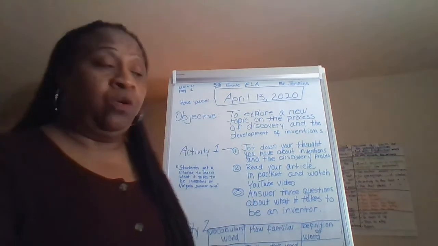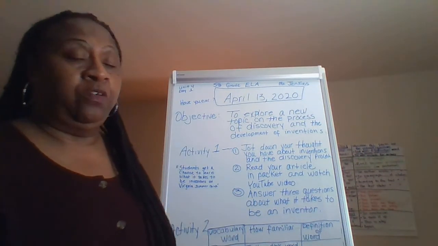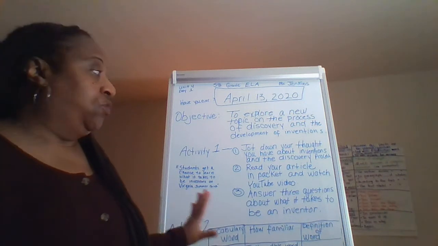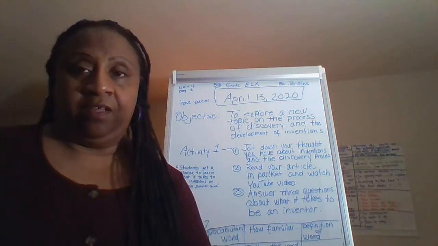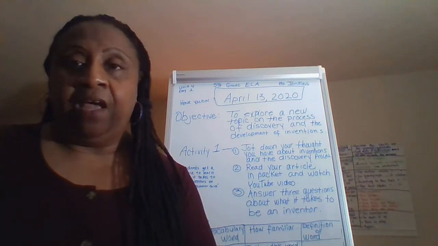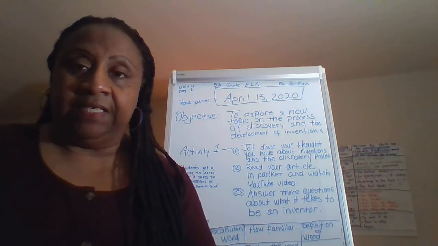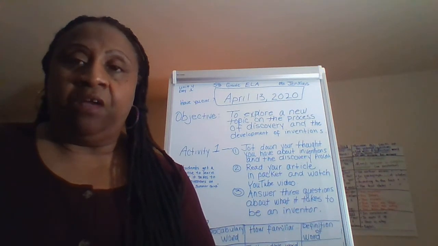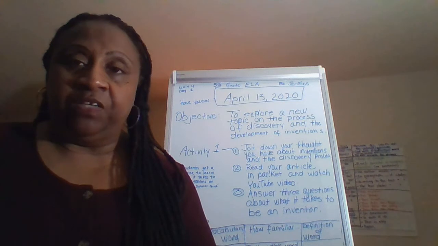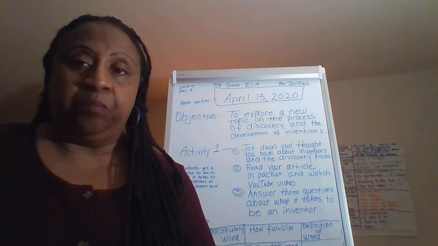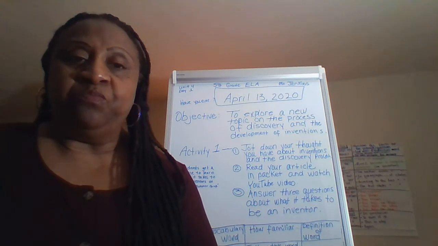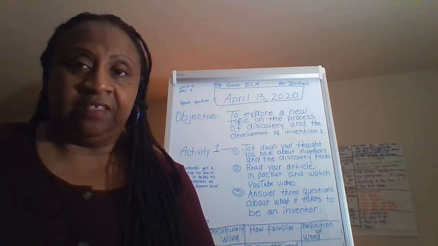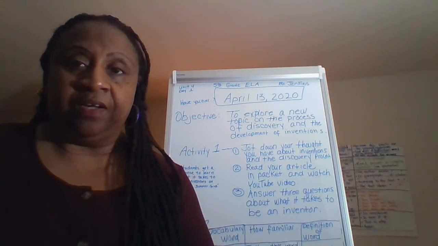And then take those two pieces of information from your video and your article and see how similar they are in explaining how inventions take place and the process that the inventor has to go through in order to get the product finished. I want you to pay attention to how time consuming it is to get a final product.